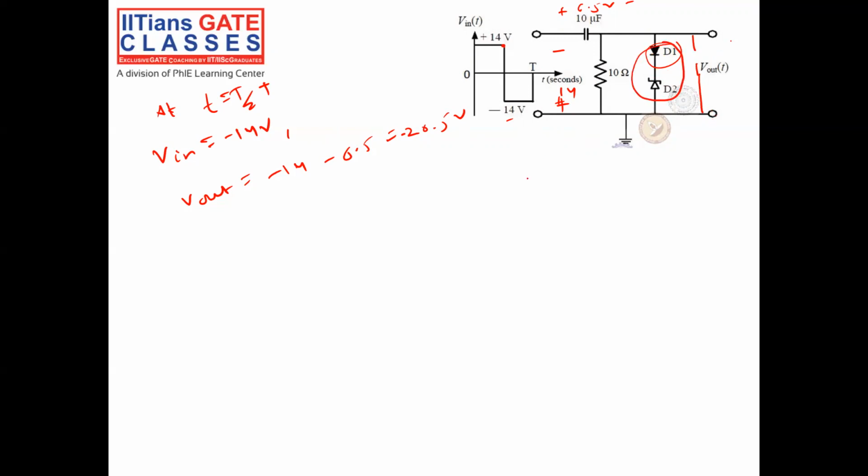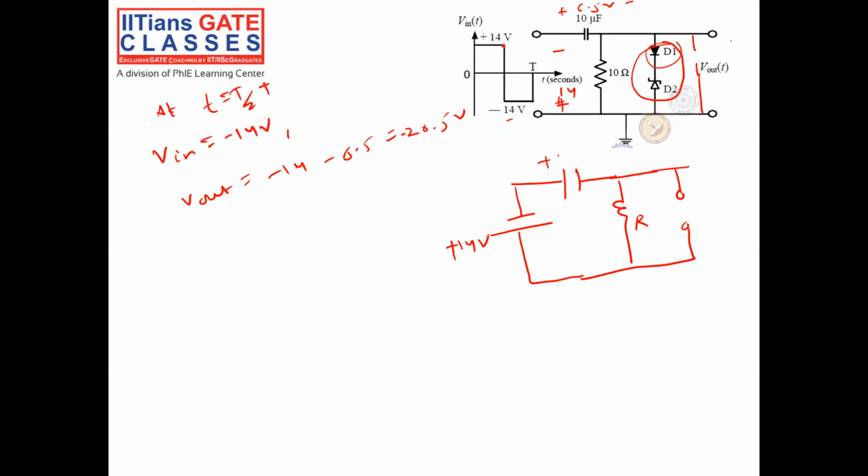So in reverse bias, what will happen? This is my R and this is open. Because our D1 is reverse bias and I am applying a voltage of minus 14 volt, or I can say 14 volt here, because this is minus, this is positive, this is plus 6.5, this is minus 6.5, V0.